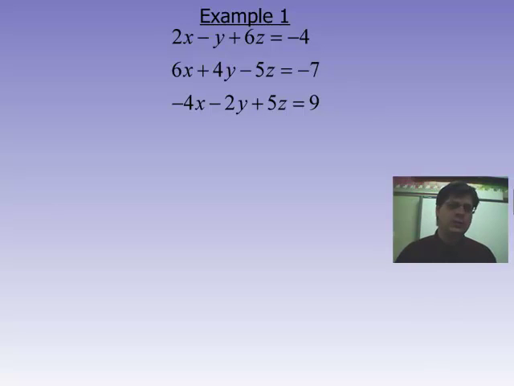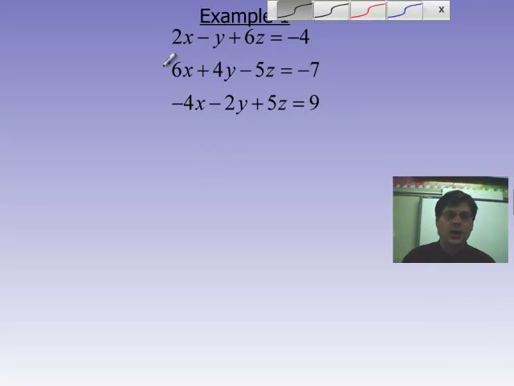So for each variable you tack on, you need an extra equation. If we have one variable, we just need one equation. If we've got two variables, we can solve with two equations. Three, we need three. So the method I'm going to choose, which I feel is probably the easiest, is elimination.